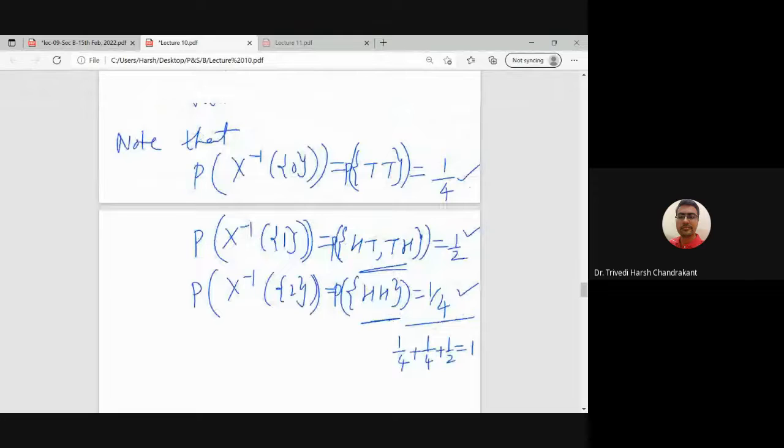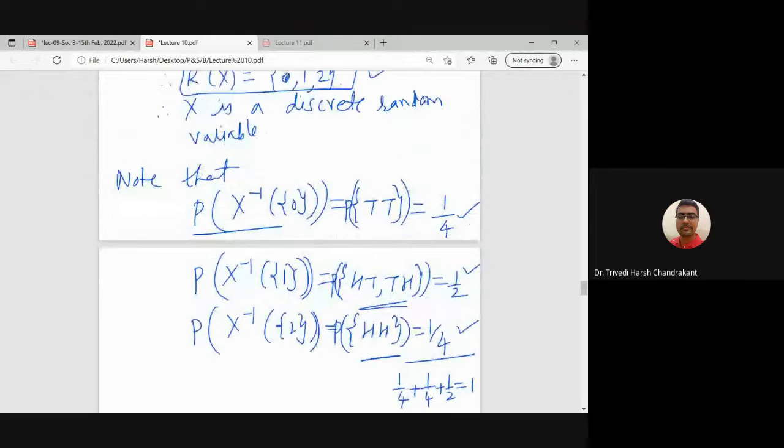So if we define the probability of this event as function of random variable at 0, function of random variable at 1, function of random variable at 2, right? So let us write down with some other color because we have not defined this.